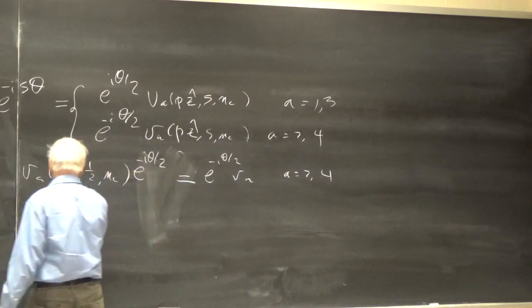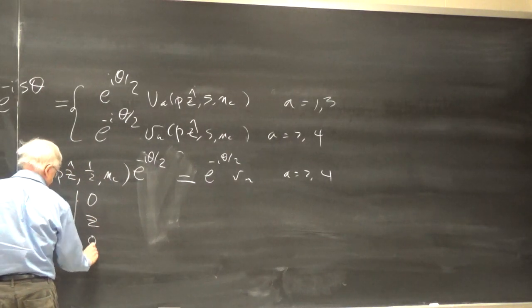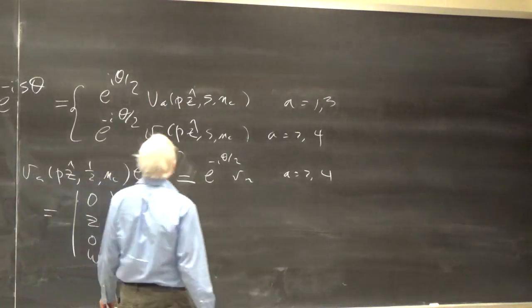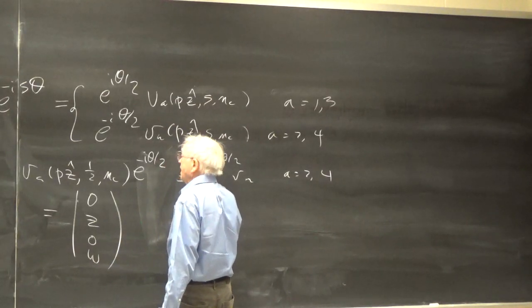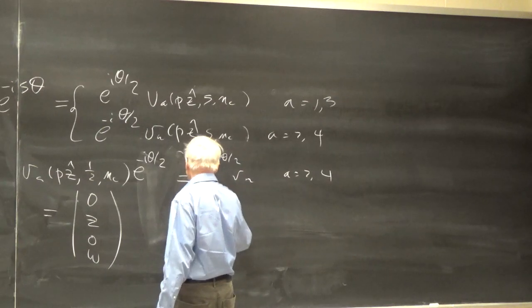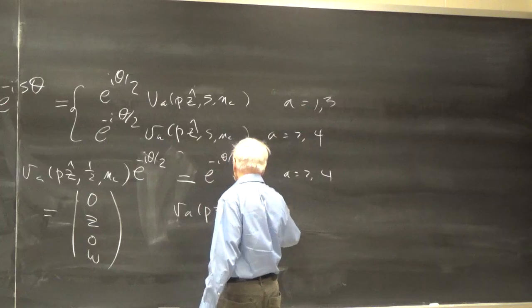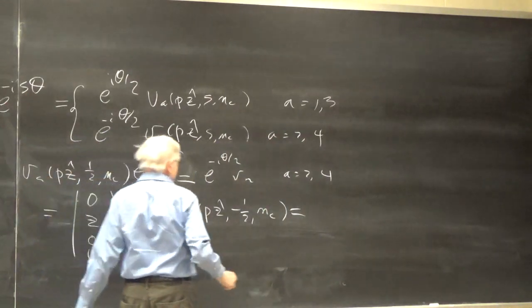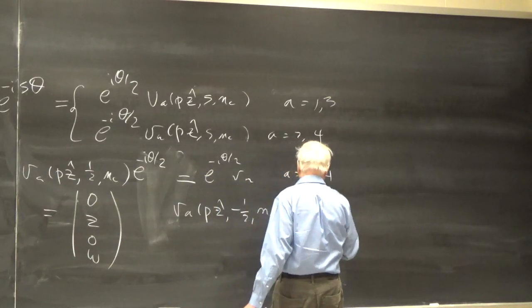So that means that this spinor for plus a half has to look like this. Okay. On the other hand, v_a of p z-hat, minus a half, n, c is going to come in with a plus sign.